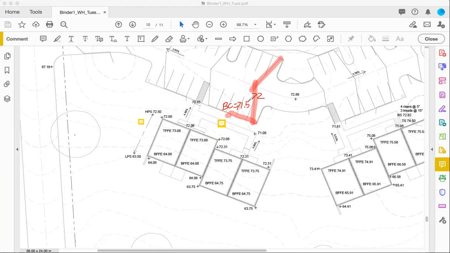So your TC is 72. So you had it backwards. Oh, okay. So your 72 would go somewhere like this. And your 71 is doing that. And this one is likely an error.